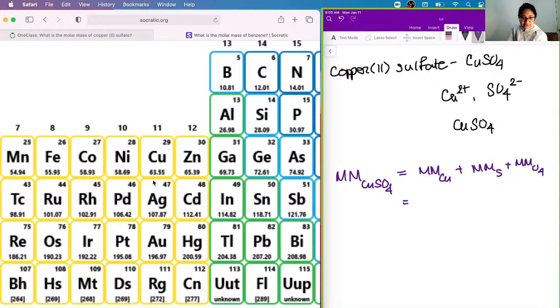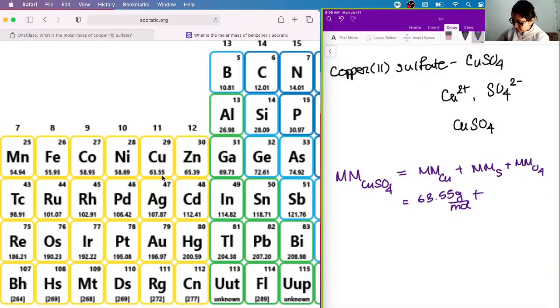It is a transition metal. It has an atomic number of 29 and its molar mass is 63.55 grams per mole. If you guys recall, the units for molar mass is grams per mole. And so that is basically your mass divided by the number of moles. And for copper, it is 63.55 grams per mole.